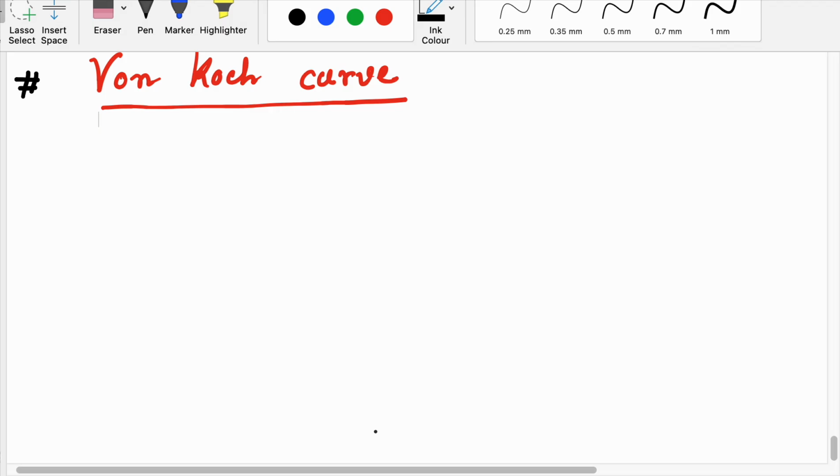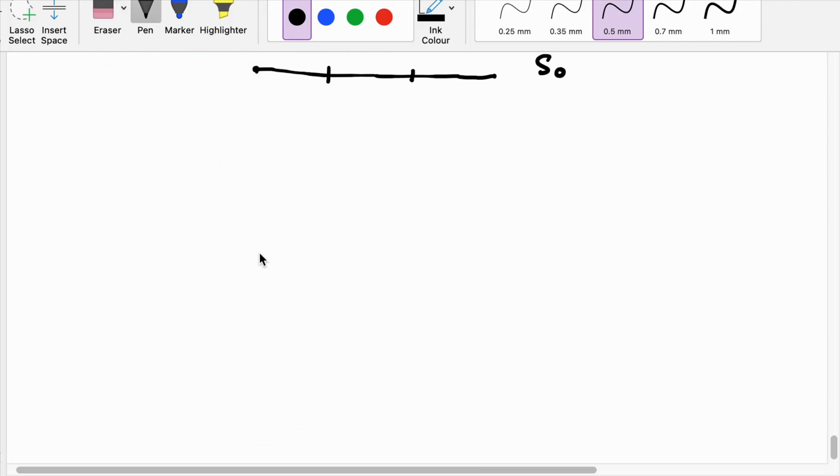First of all, you will take a line segment S0, suppose of some length L. Now what you will do, you will first take away this middle part, and take away means the same as we have seen for the Cantor set.